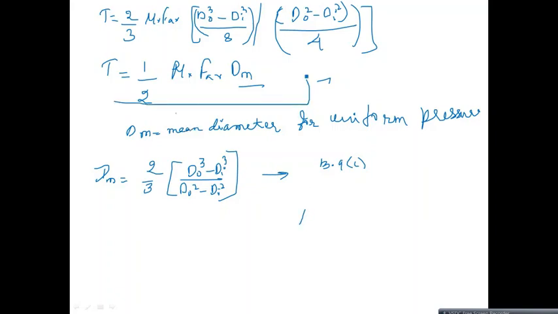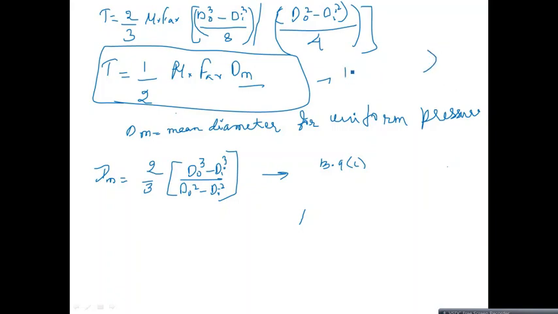So dm equal to 2 by 3, do cube minus di cube over do square minus di square.